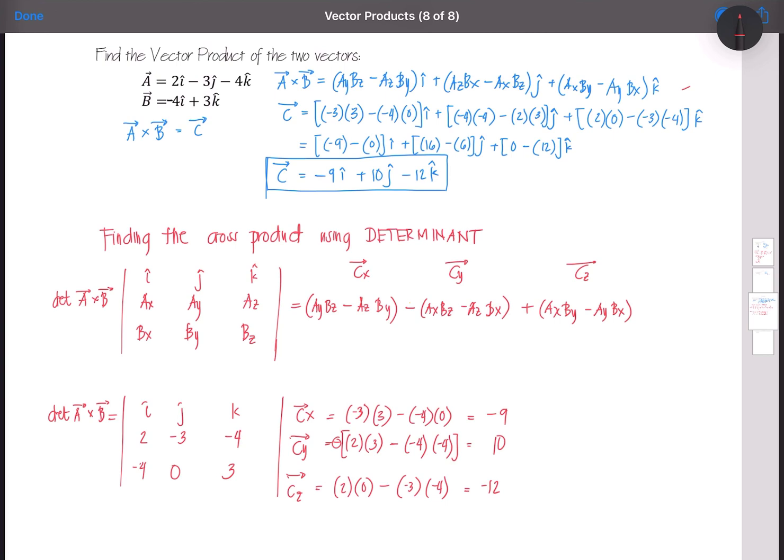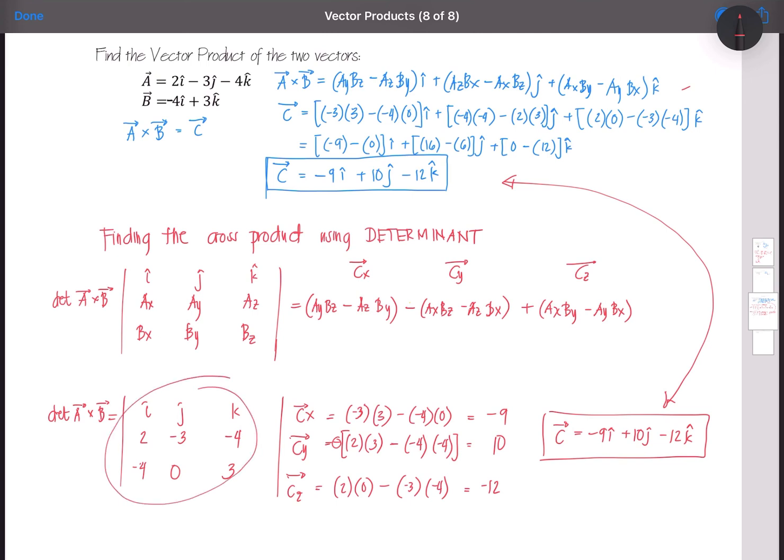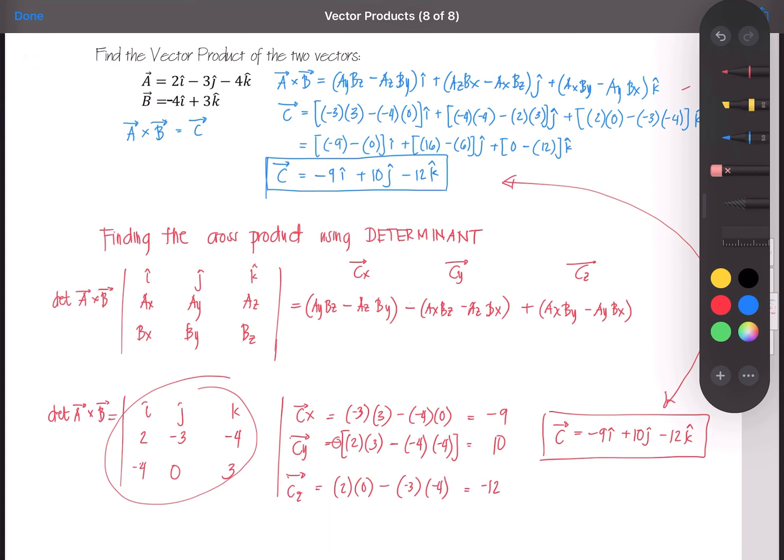Therefore vector C is equal to negative 9 i hat plus 10 j hat minus 12 k hat. You'll see that we arrive at the same answer using the determinant. If you know this already, you can use it instead of solving with unit vectors.